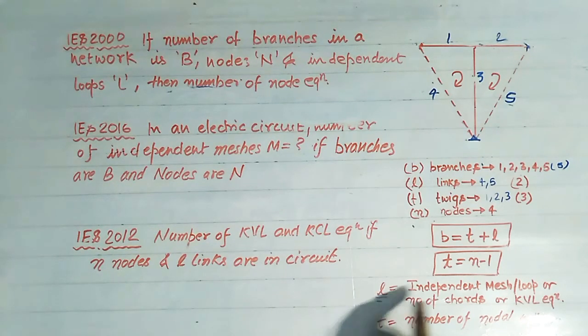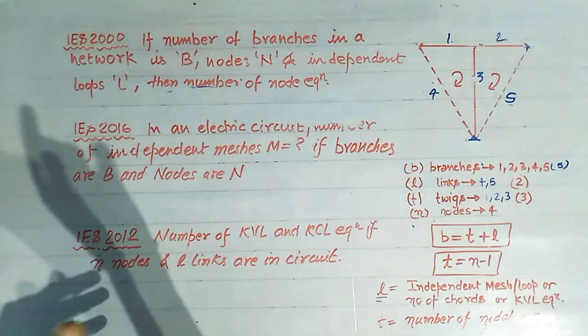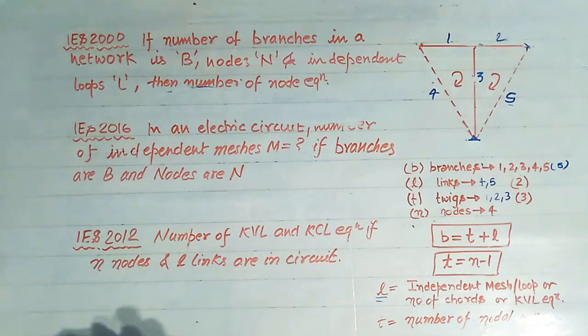Why are links equal to the number of KVL equations? Because if we have to apply a KVL equation, we can apply it only in a closed loop. So here the number of independent KVL equations will be equal to 2, because the number of loops is equal to 2 and KVL equations are only applied in a closed loop.